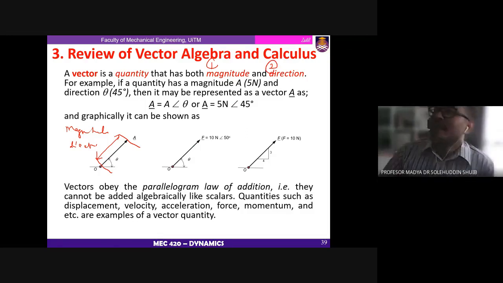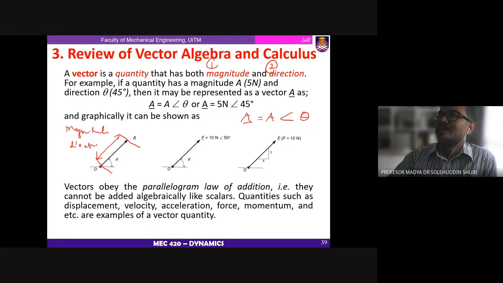So if the quantity has a magnitude A, 5 Newton, in the direction of 45 degrees, we can represent this as the following. Vector A, we have the magnitude and then theta. Vector A equals magnitude and which direction.